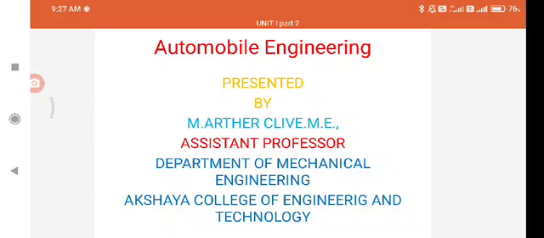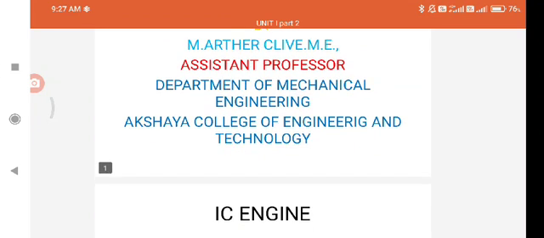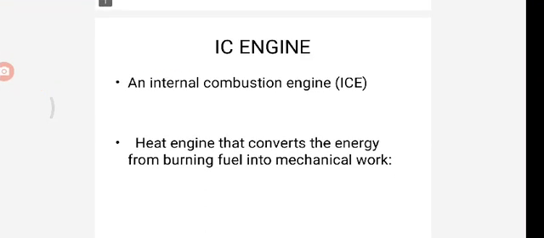So I am going to talk about Automobile Engineering Part 2. IC engine is known as the internal combustion engine. In an IC engine, the heat energy is converted into mechanical energy.